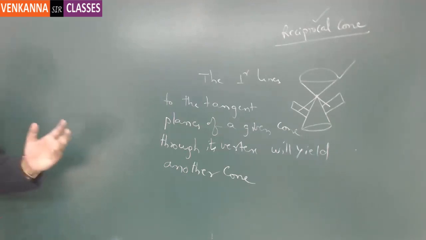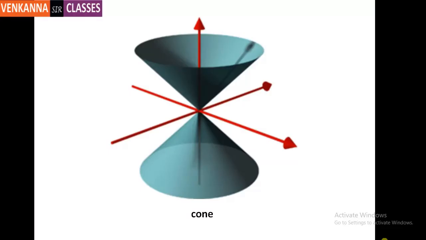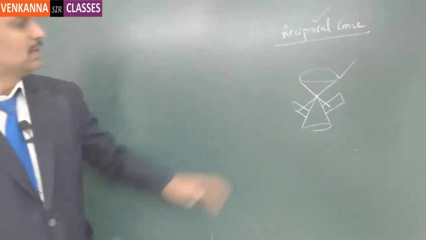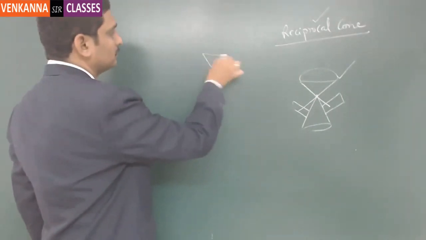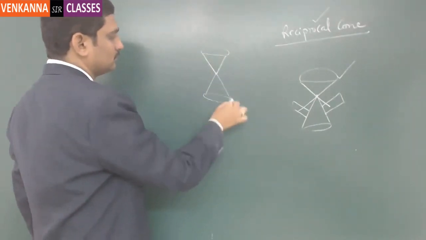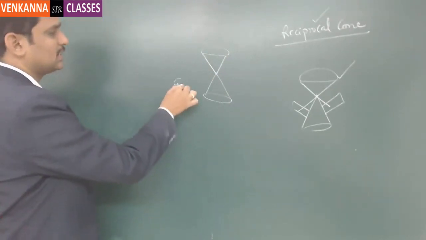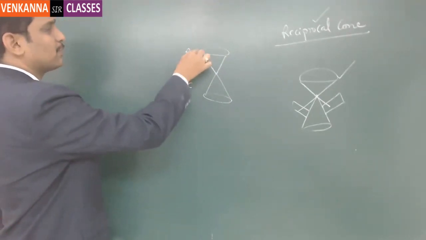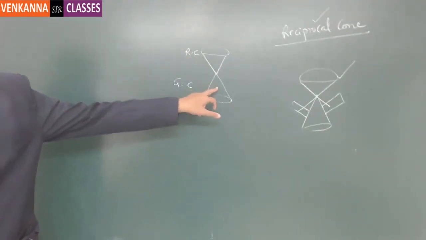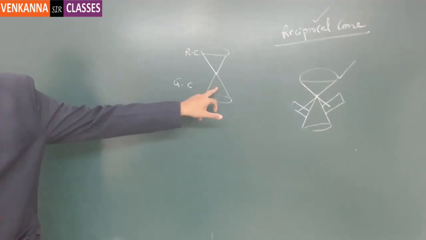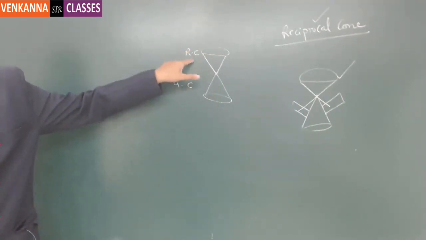So, can you see the picture? Now, if you observe the similarities between these two, if you say this is our given cone and this is the reciprocal cone, we can say that for every tangent plane, one generator will be here.